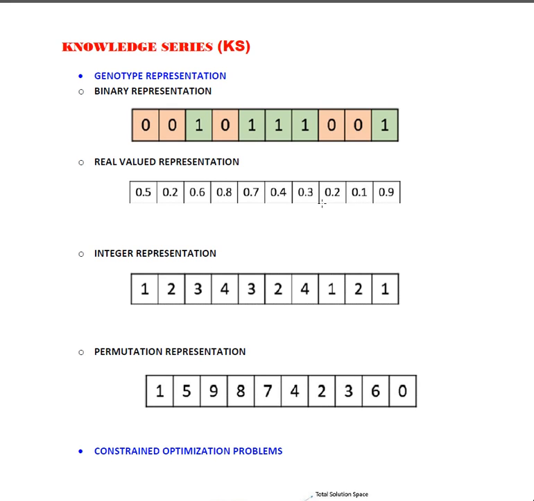Integer. Now, if you look across discrete valued genes, we cannot put it in terms of a yes or no in the binary space, like a 0 and 1. So if you want to represent it as 1, 2, 3, 4, that means you have 4 different conditions, and those 4 different conditions have to be encoded.